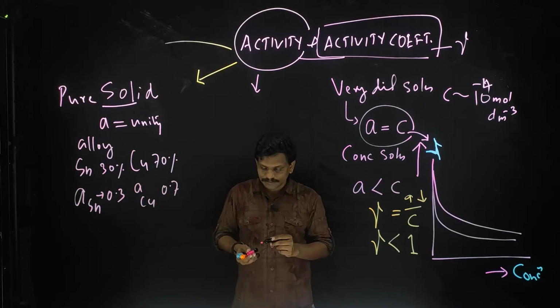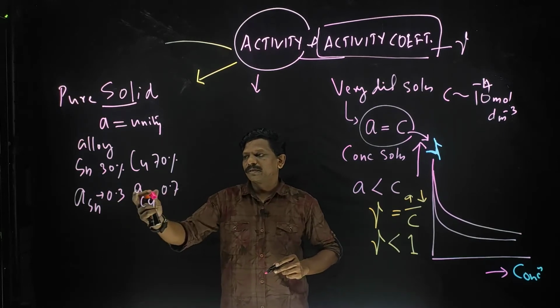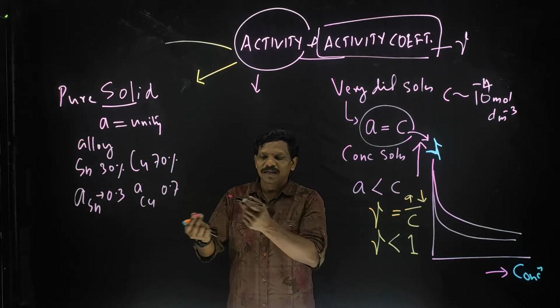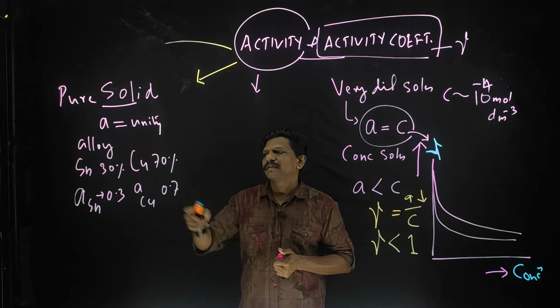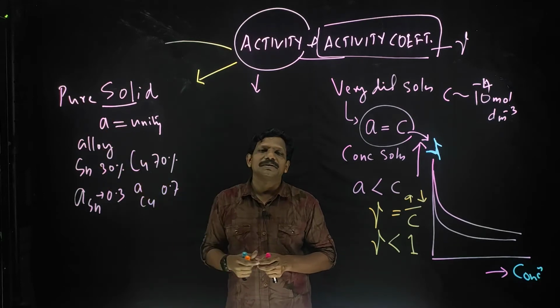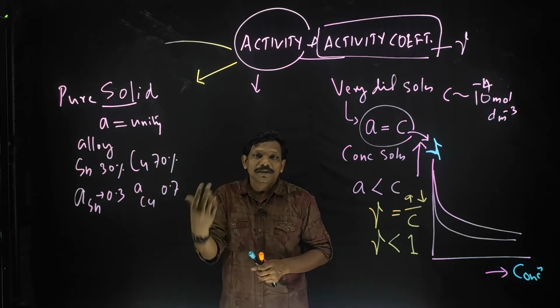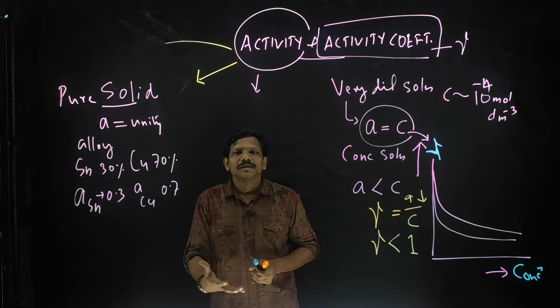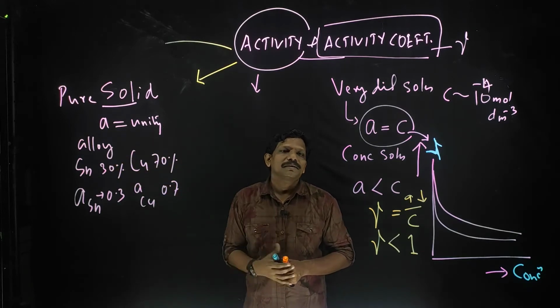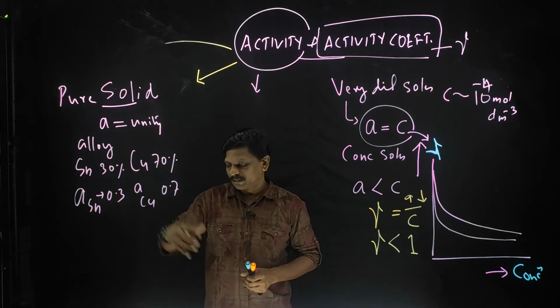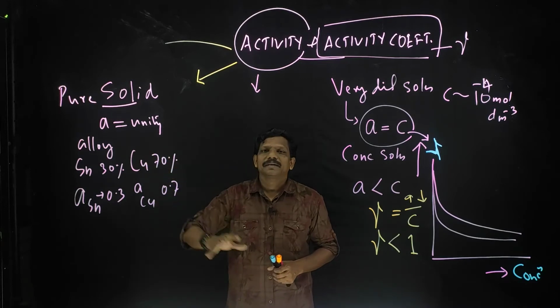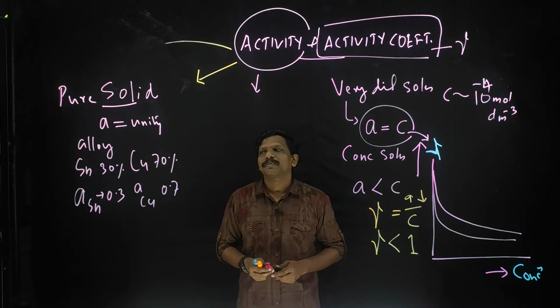It's a dimensionless quantity. Okay, 0.3 and 0.7. So it is also called the mole fraction. So when you are taking alloys, the activity is equal to the mole fraction of one component in the system. So that is the case when you are considering a pure solid.